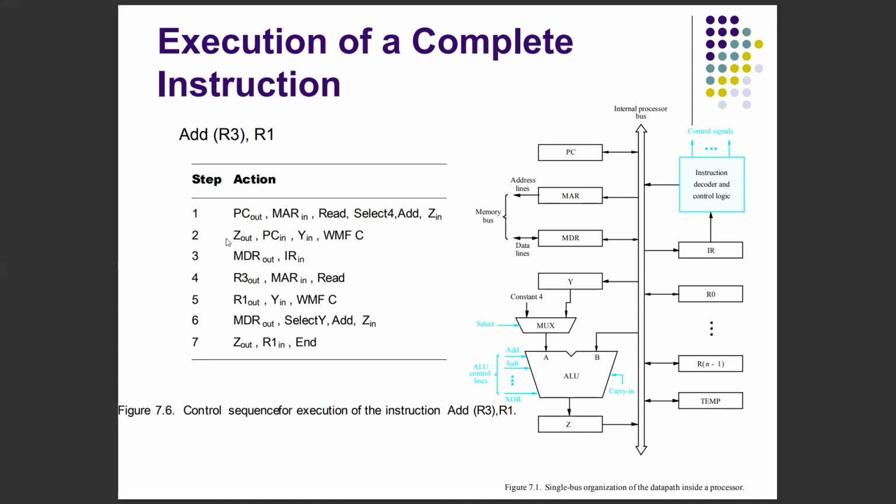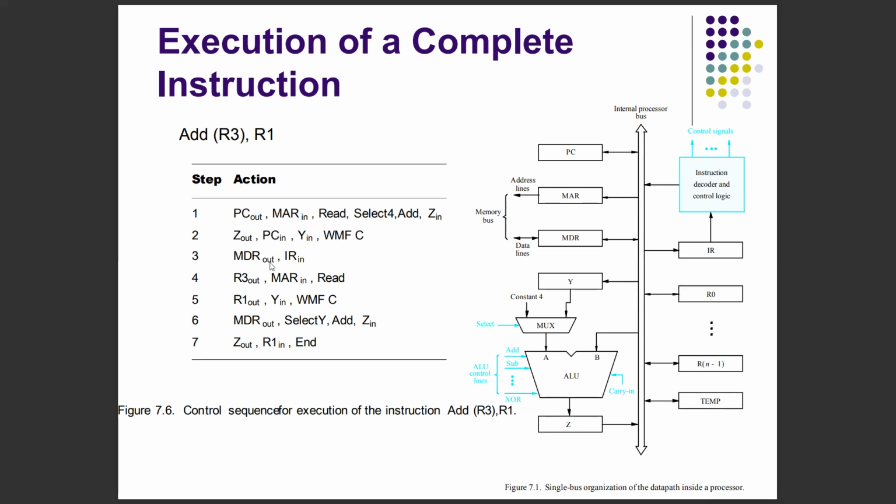After that, in cycle 2, Z out forwards the Z value onto the common bus, which goes into the PC as well as Y in, and we have to wait for the memory function to be completed. WMFC means wait for memory function to be completed. Then after some time, MDR out.